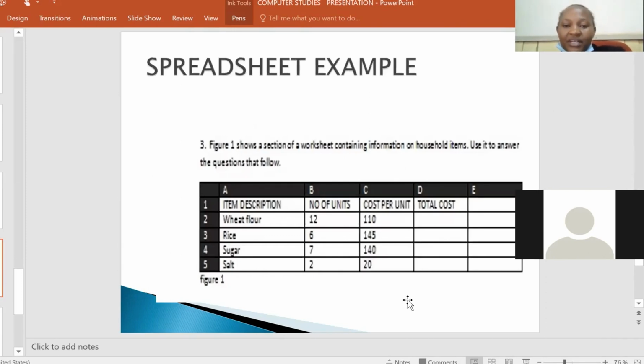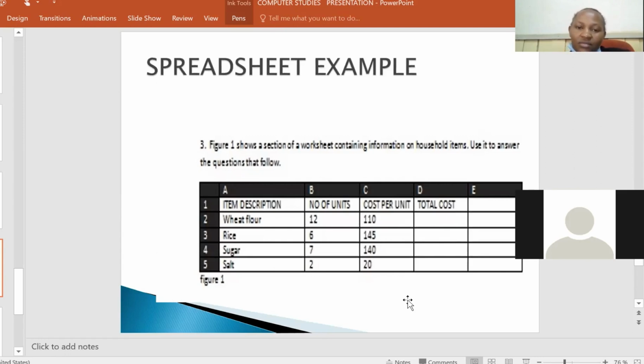On this spreadsheet example, figure 1, you can see there are the rows, A, B, C, D, then the columns all the way from column 1 to column 5. There's the item description, the number of units, cost per unit, and total costs.